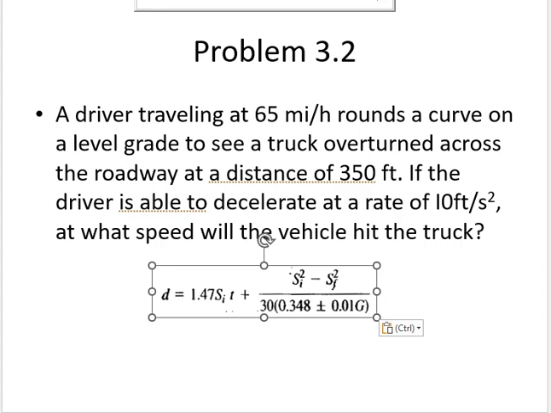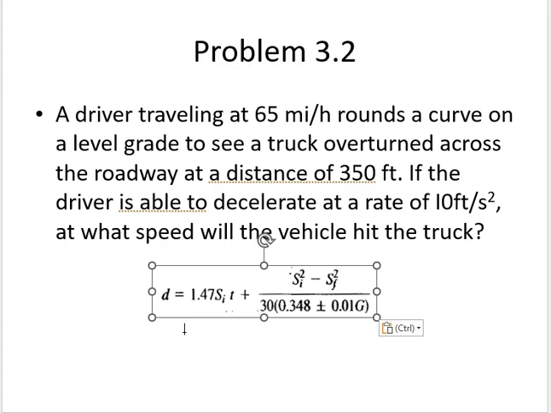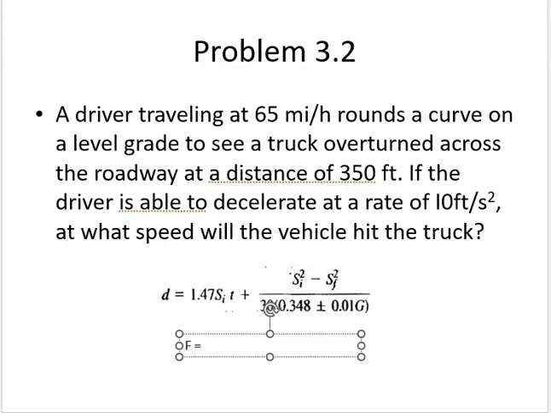So first of all, I will recalculate my f value. It was a upon g, a is 10, g is 32.2. How much is that?